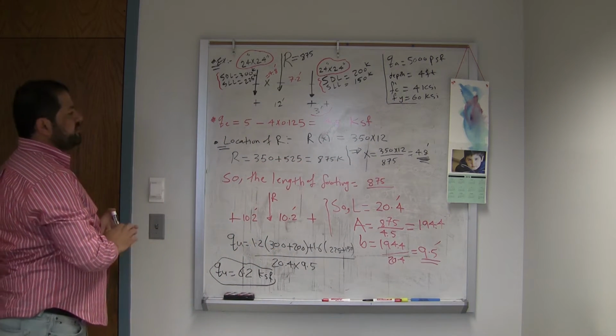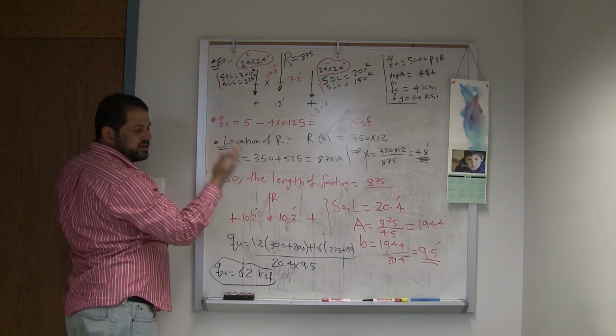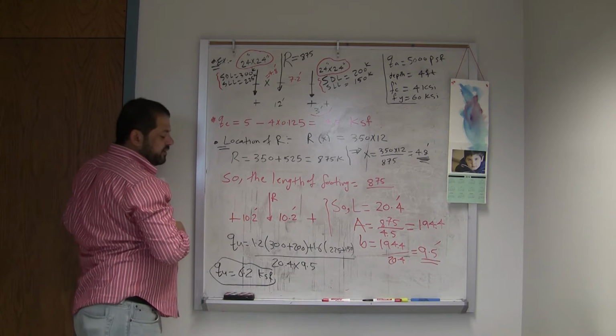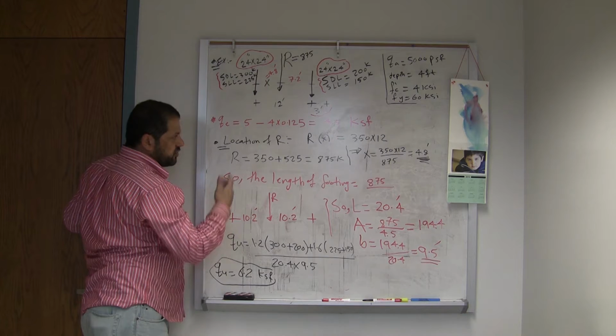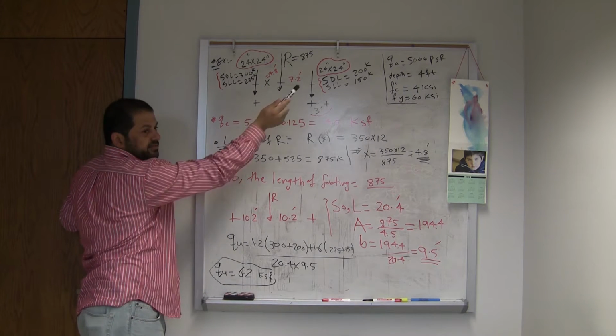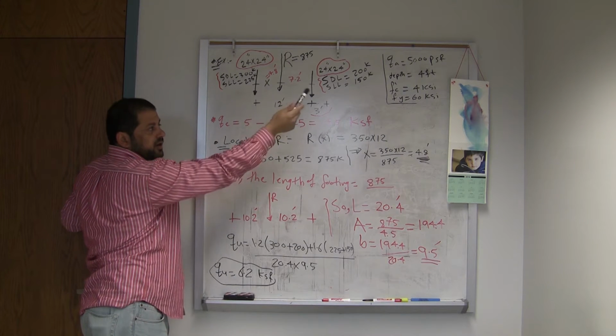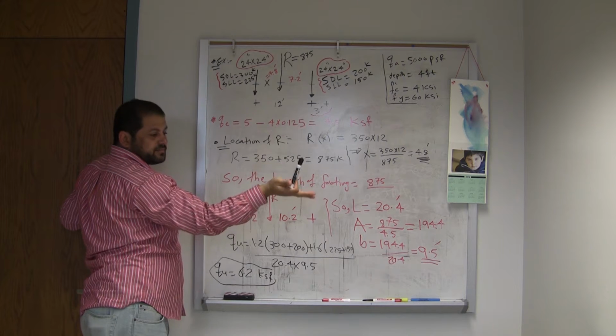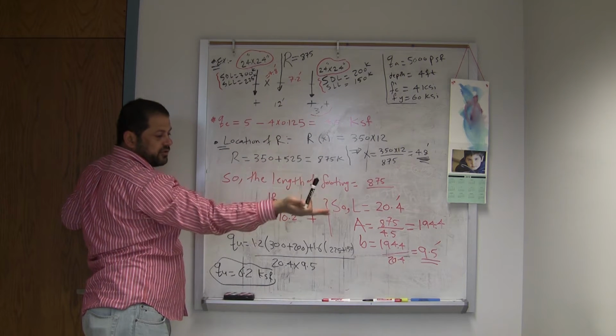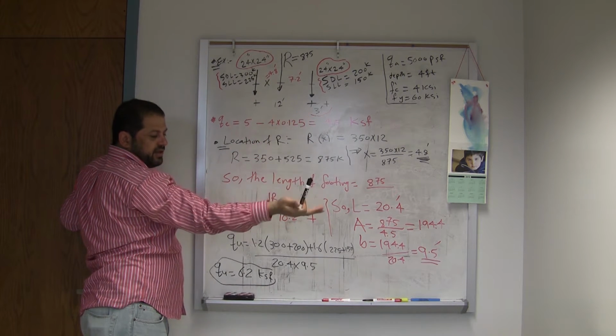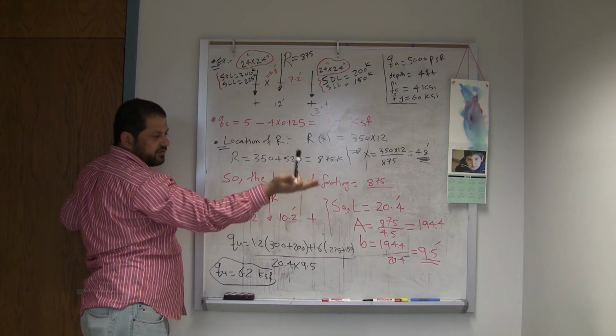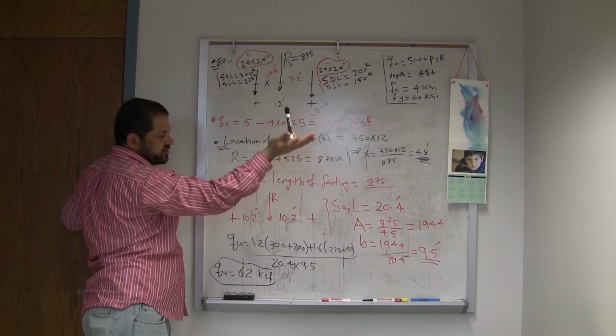So the first thing we always do in footing design, whether it's wall footing, single column footing, or combined footing, is to calculate Q effective. Q effective is basically Q allowable minus the weight of the soil and concrete above the level of the footing, which is the self weight of the footing and the soil on top of that.